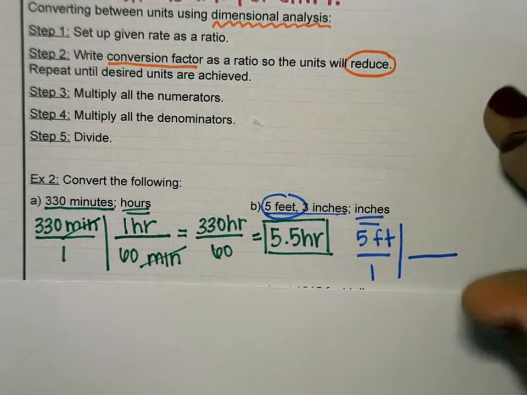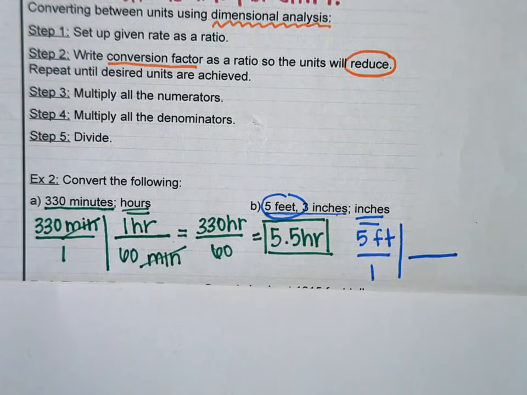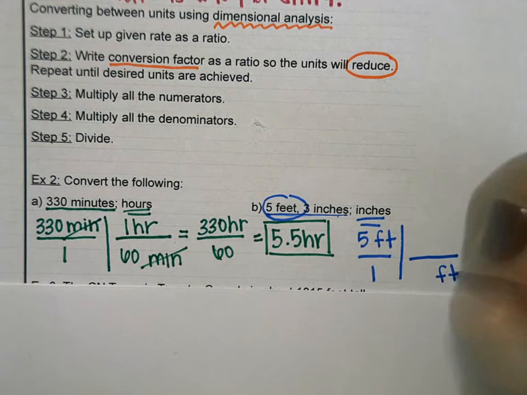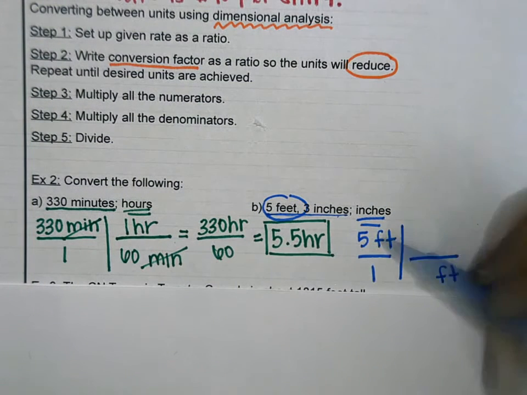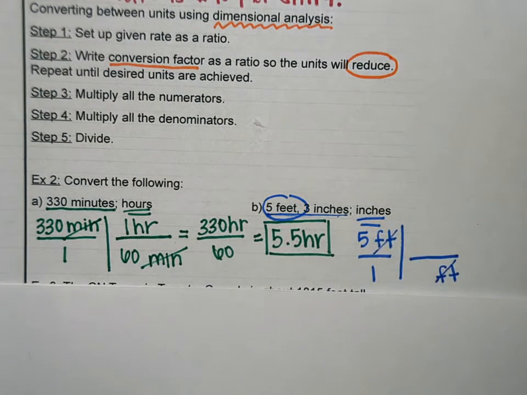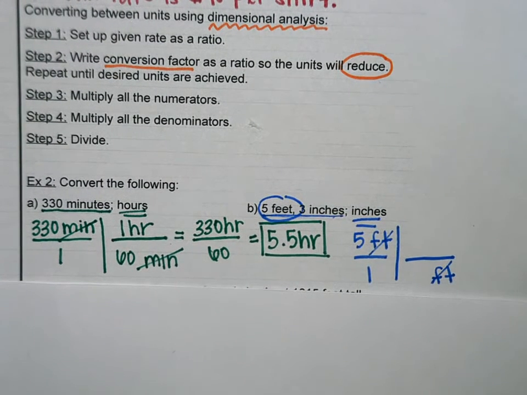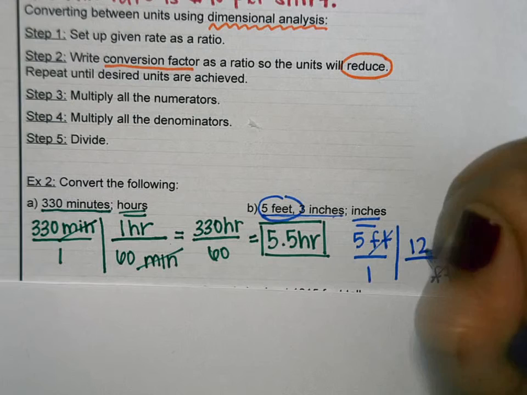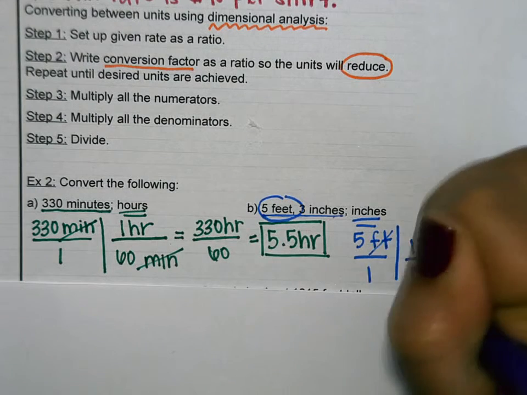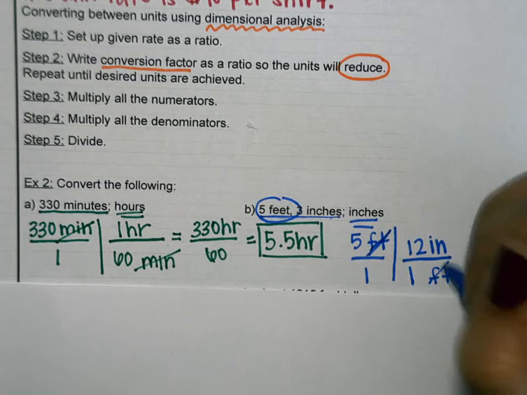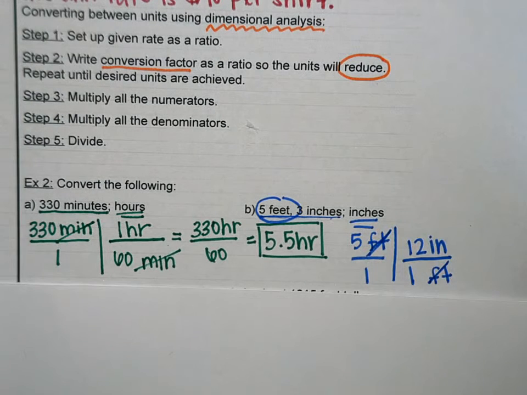Because I'm going from feet to inches, and I was given feet, I know I'm going to put the feet in the denominator because I want those to reduce. My conversion factor for inches to feet is 12 inches in 1 foot. Then my feet reduce, so I'm left with inches, which is what they're asking for.